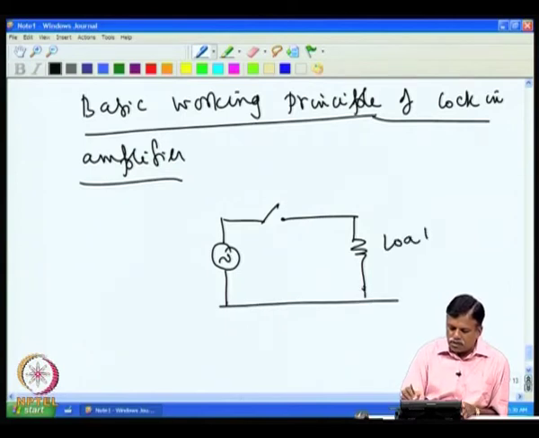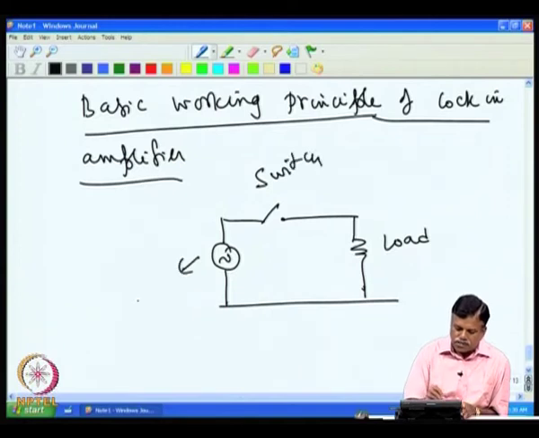This is a load, and then we have a switch here. Assume this is signal plus noise.